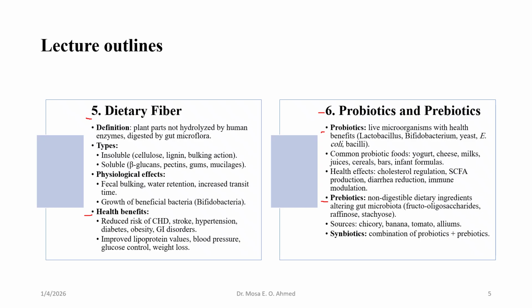The sources of these prebiotic ingredients include chicory, banana, tomato, and olives. Another important term related to probiotics as living organisms and prebiotics as dietary ingredients is synbiotics, which means a combination of probiotics and prebiotics together.